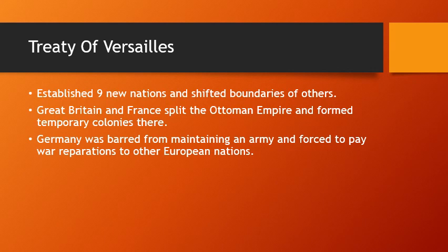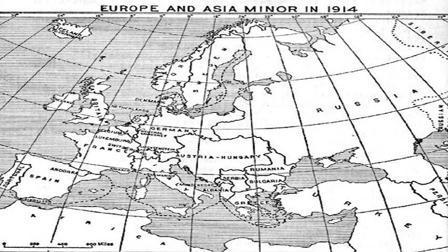Germany's economy was destroyed, Germany's land and infrastructure was destroyed, and now they have to pay all of these countries back, because they're held chiefly responsible for the war because of the war guilt clause. No way they're going to be able to pay it back. And when we talk about World War II, we'll see how devastating this was to the economy of Germany during the 1920s.